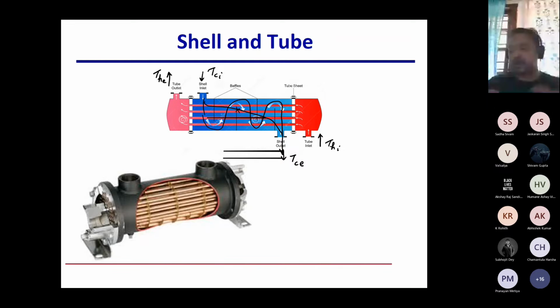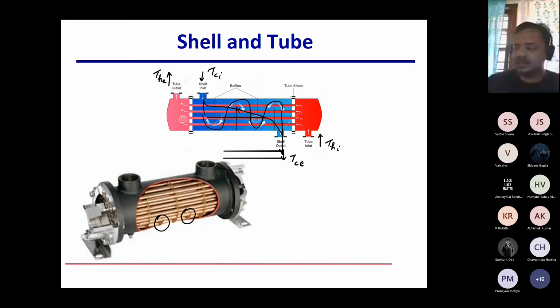It's actually in 3D. There is a bundle of tubes inside, and then you also see these baffles. You see the baffles that start from this end. So you see 1, 2, and 3 of them, and then you also see here these baffles, which do not come right till the end.